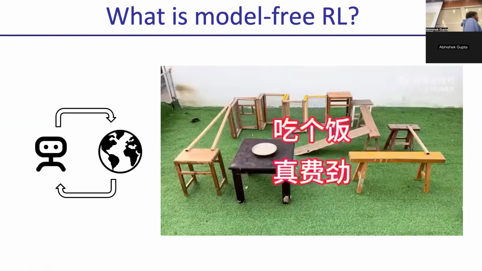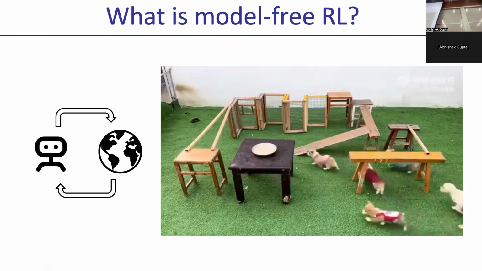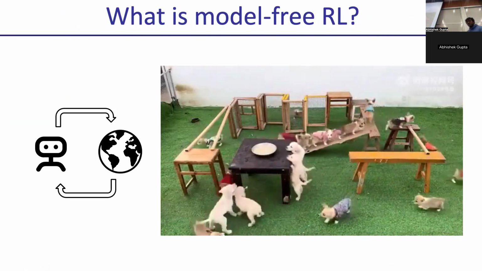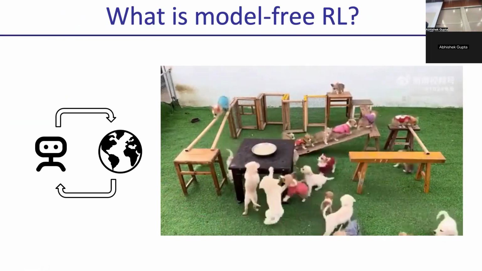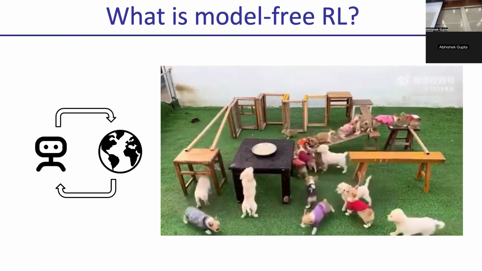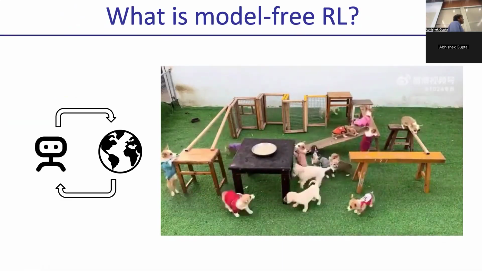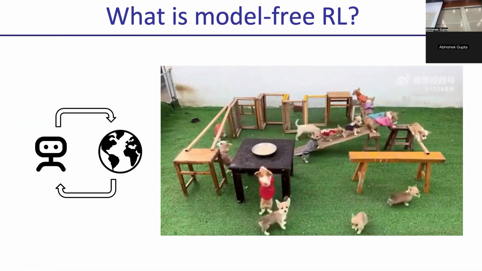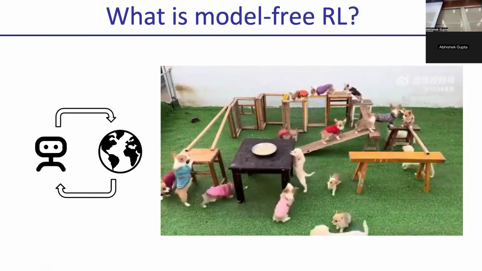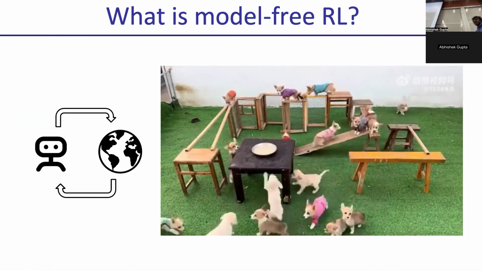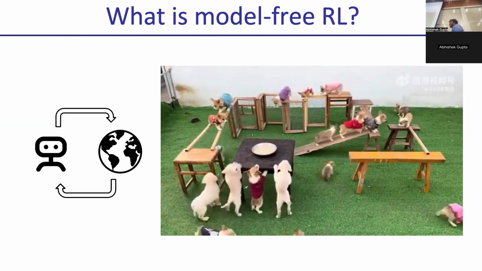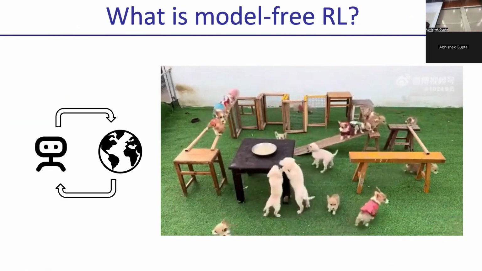So what is model-free reinforcement learning? Here's an example. There's some milk on this plate here. We have a bunch of dogs, our puppies, and they're trying to find a way to the milk through this contraption. And this is surprisingly reminiscent of how RL algorithms explore.